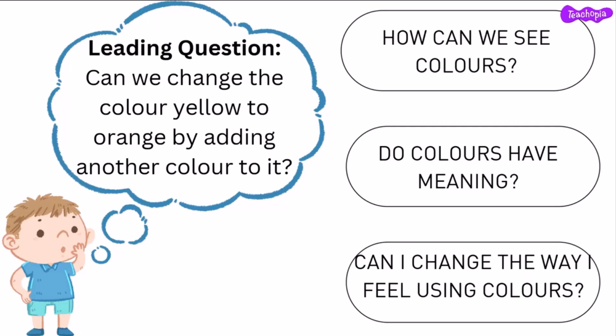I think our young learners would come up with more questions or more thoughts. How can we see colors? Do colors have meaning? Can I change the way I feel using colors? Well, that's our young learners. So, teachers or facilitators, get prepared to answer our young learners.